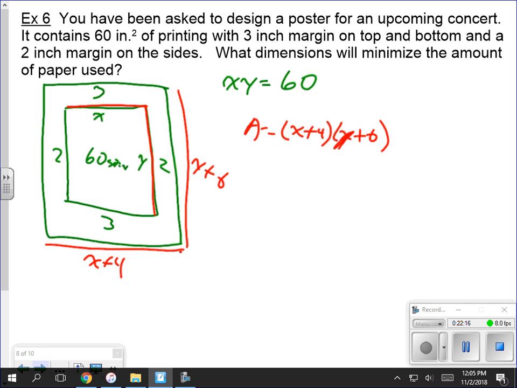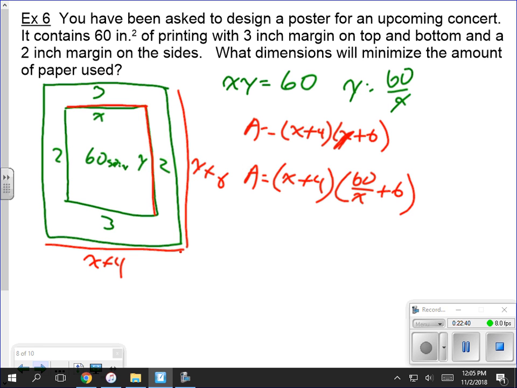If I divide both sides by x, I get y equals 60 over x. Which means that my equation for the area is x plus 4 times 60 over x plus 6. It would really suck to take the derivative of the area and set it equal to 0 as it stands. Multiply it out.